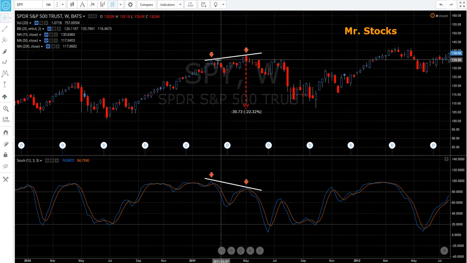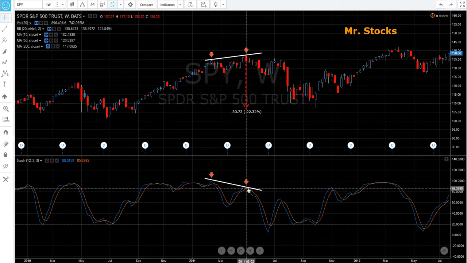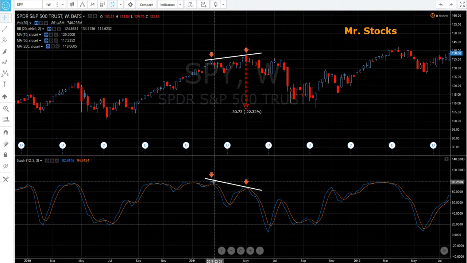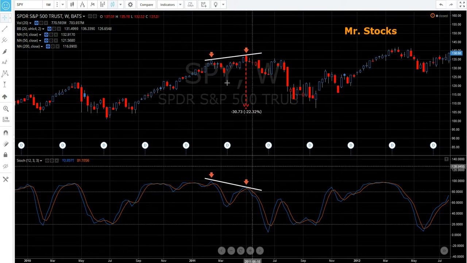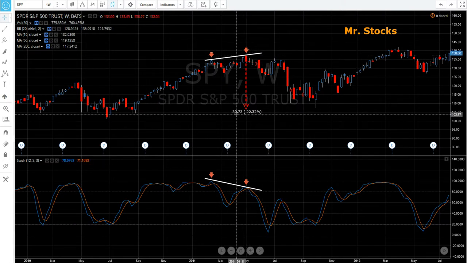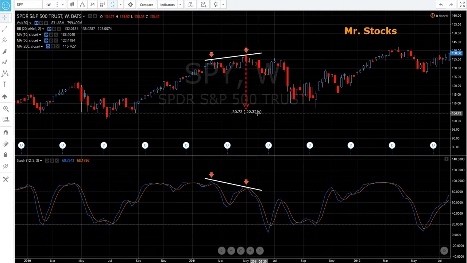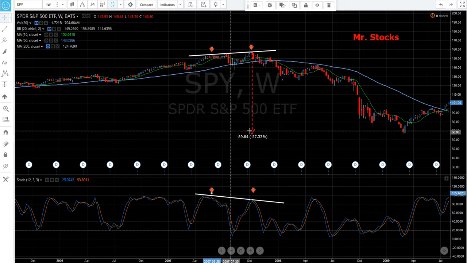And remember, this is a weekly chart, so it's the week of May 2nd. And you see here the stochastics did not confirm the rise higher. It made a lower hump than the previous hump, and you have a divergence here, and the resulting pullback was approximately 22%.